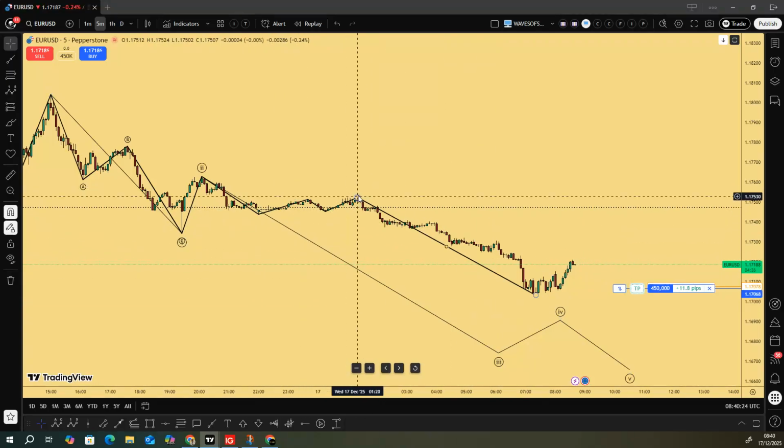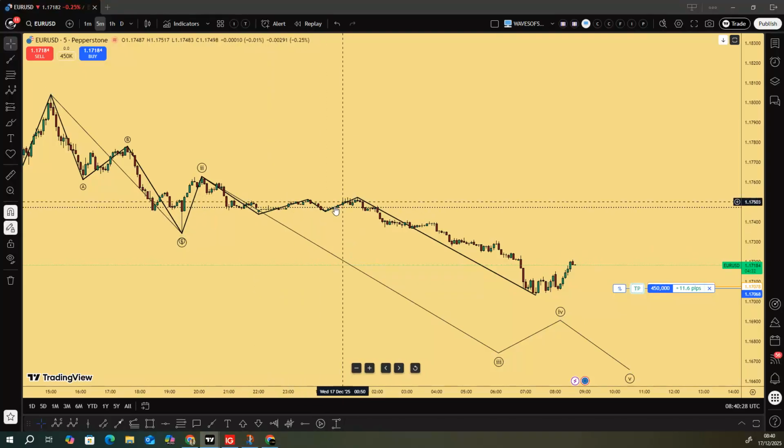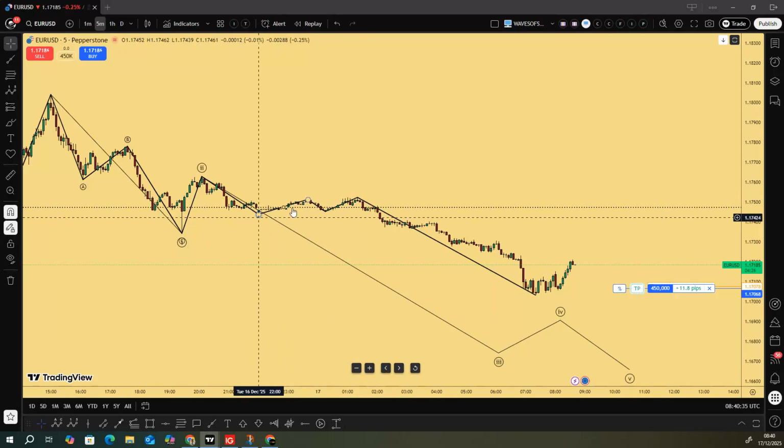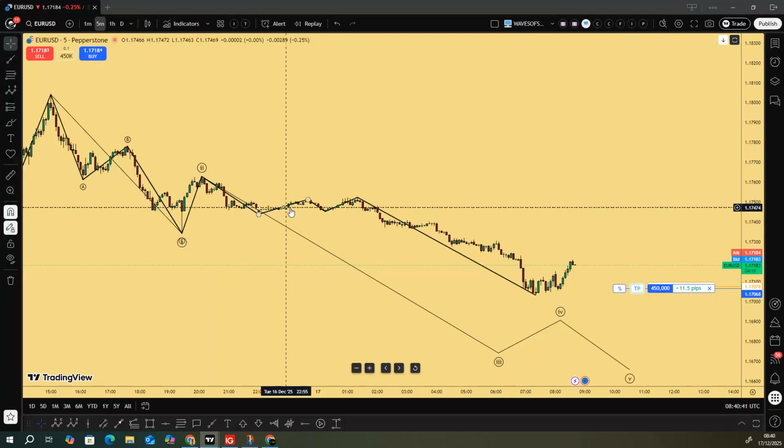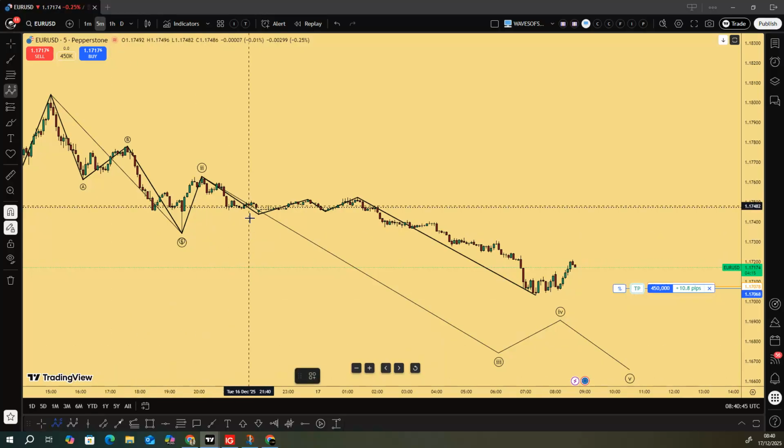So inside here, this one is actually cool because once you understand what this means in the wave structure, it's like you have power. This ABC move here inside this extended wave. Okay, so I'm going to draw it out so that we can see it.